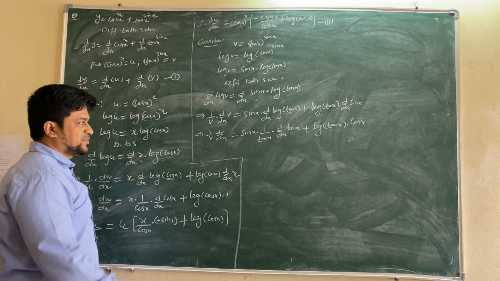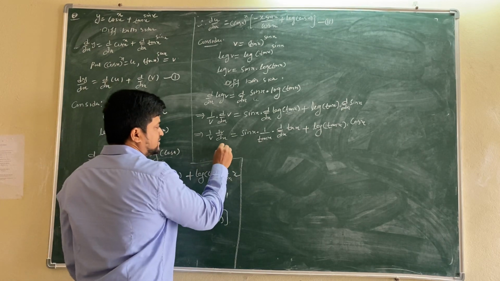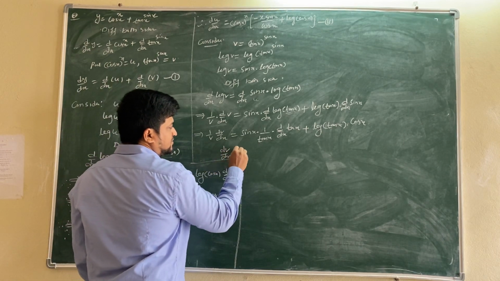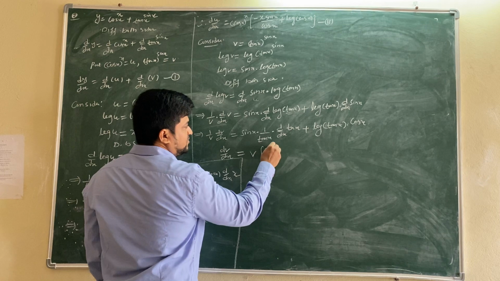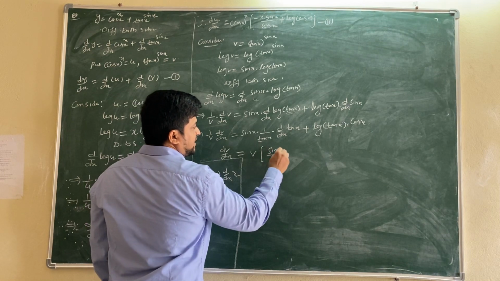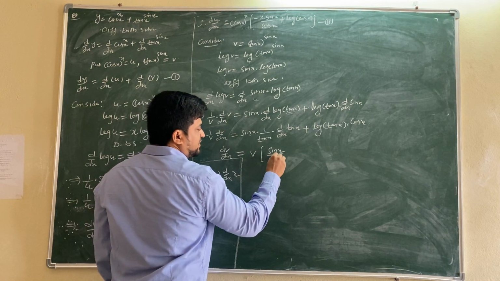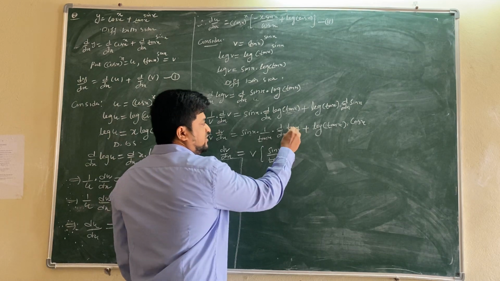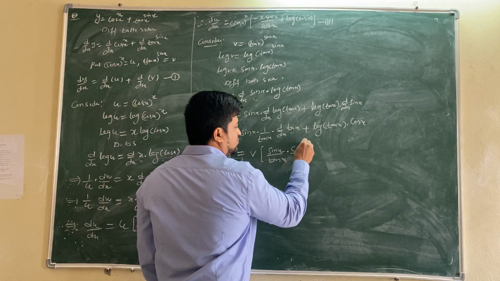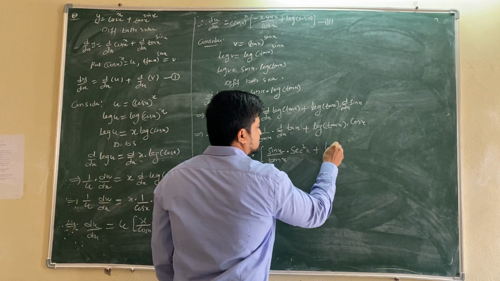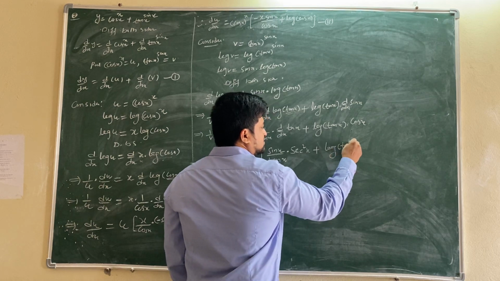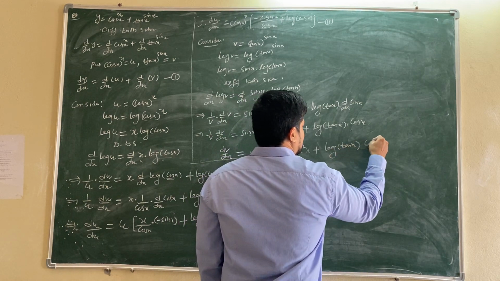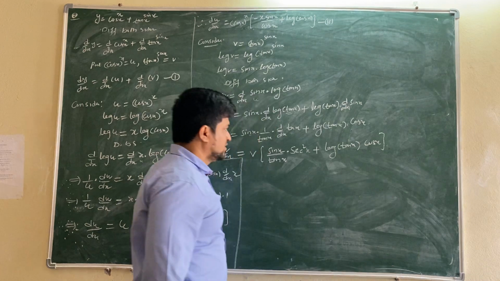Now I'll cross multiply this v to this side: v into sin x divided by tan x into the derivative of tan x, plus log of tan x into cos x. Very good. Few members know the formulas.